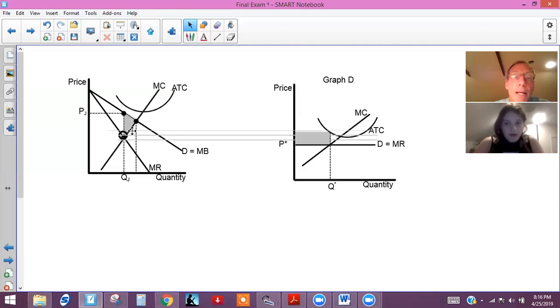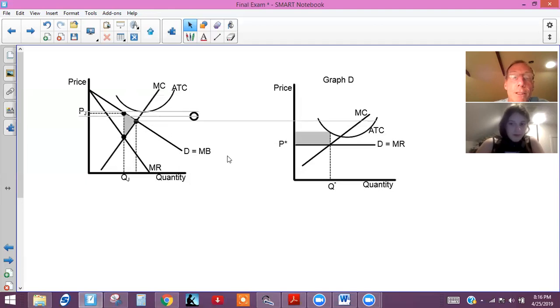Typically, we have a deadweight loss that is that triangle between the price going down to where marginal cost equals marginal revenue, up to the point where marginal cost equals demand, or where marginal cost equals marginal benefit. Okay?